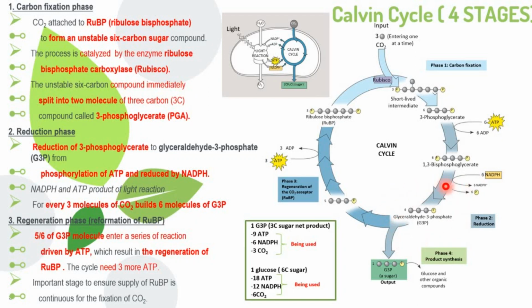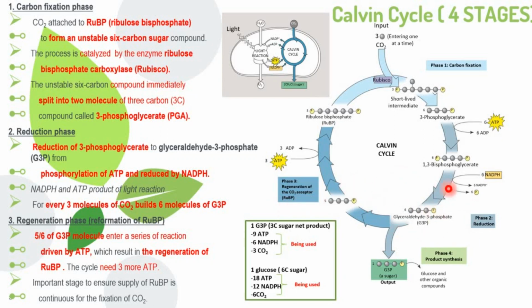Of the 6 molecules of G3P, only 1 molecule undergoes the fourth phase, product synthesis. The remaining 5 G3P molecules undergo the third stage, regeneration of the carbon dioxide acceptor RuBP.